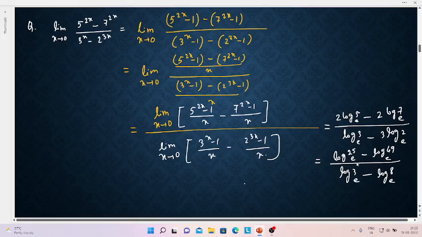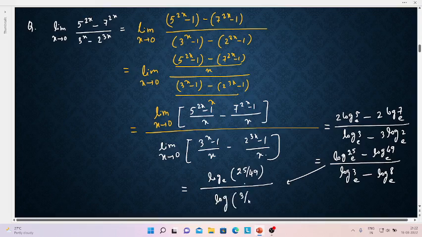So you have to use another formula: log c minus log d can be written as log c by d when c and d are positive. So log 25 minus log 49 can be written as log 25 upon 49, and similarly the denominator can be written as log 3 upon 8 base e.